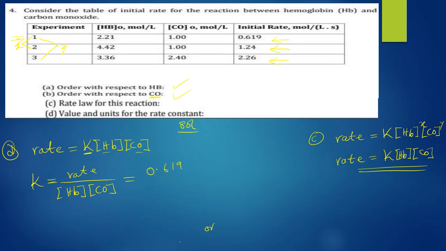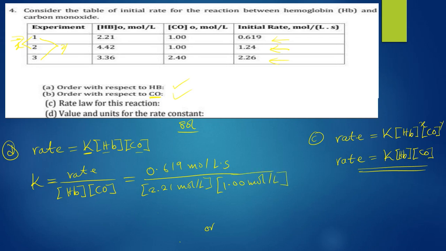0.619, like that, and you can also include the units, mole per liter per second, over the concentration for hemoglobin, which is 2.21 mole per liter, like that. And then we are having carbon monoxide, which is 1.00 mole per liter, like that.